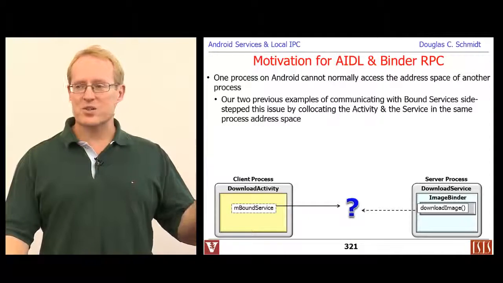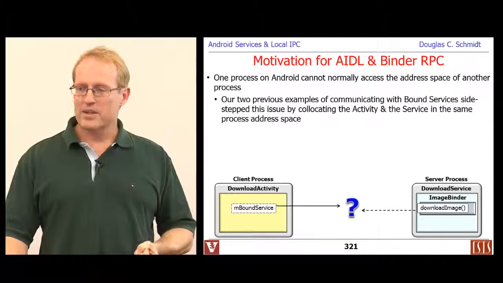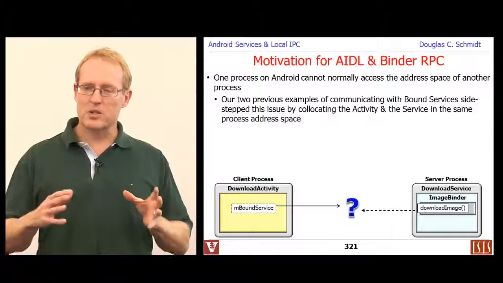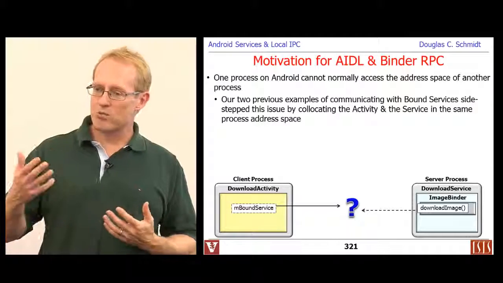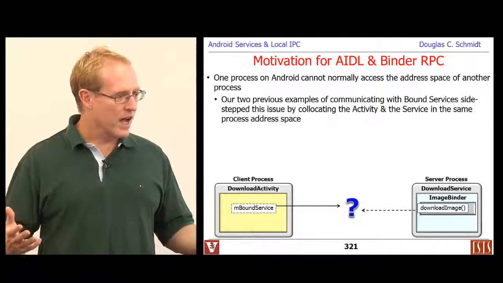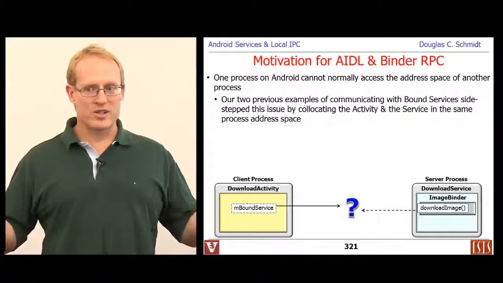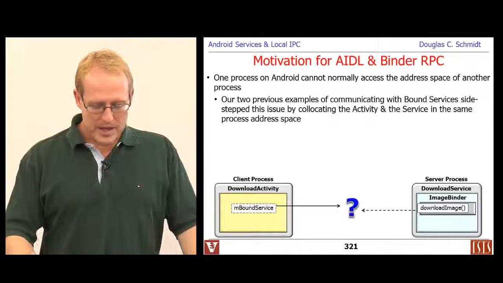In our previous two examples, where we were talking about the local binding and the messengers, we kind of sidestepped this issue a little bit by keeping everything in the same address space. So you could actually just pass regular references to regular objects, and they just work magically because of the way that works in the same address space all the time. That's just object-oriented programming.